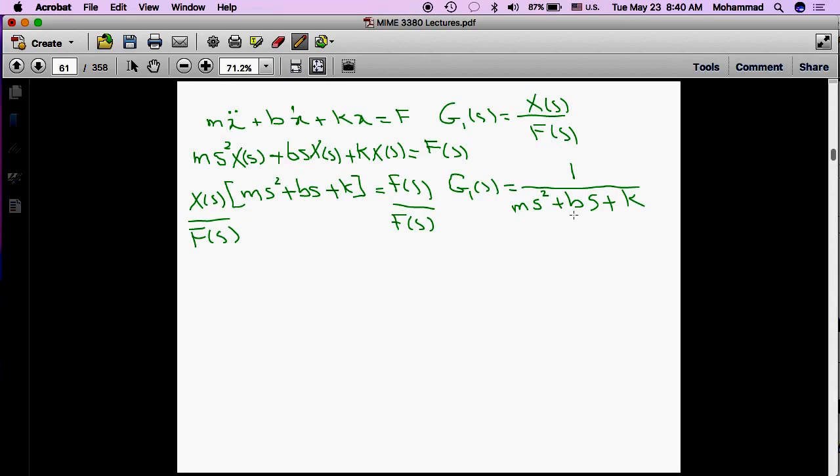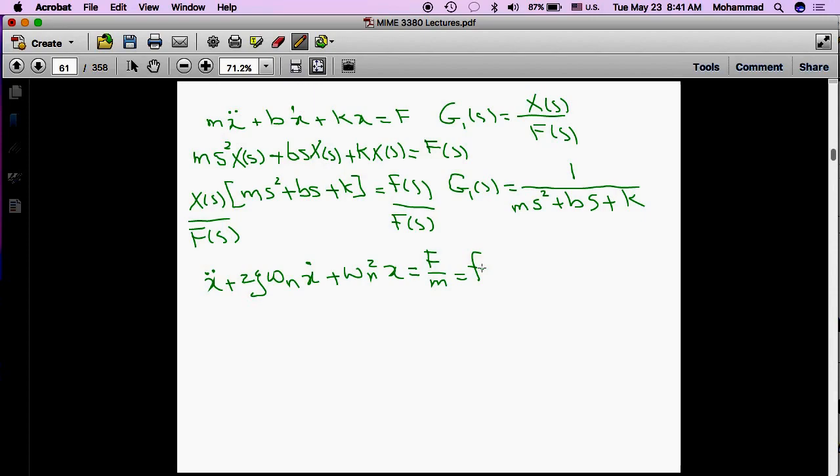Okay, now it's your turn. I'm not going to give you the solution. You need to solve it. Turn this differential equation, x double dot plus 2 zeta omega n x dot plus omega n squared x equals, what should we call it? It's equal to f over m, which we also call lowercase f.